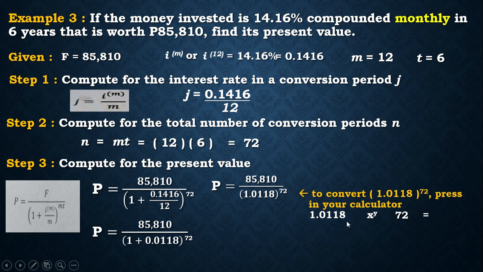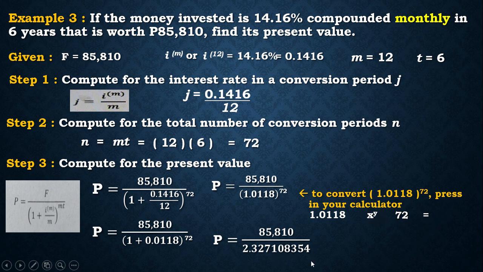Pag na-press na po natin yan sa calculator, ito po ang lalabas. 85,810 divided by 2.327108354. Again, paano nakuha ito? Ito po ang ginawa natin para ma-convert ito. Pindutin ang 1.0118, tapos ito pong symbol sa calculator, tapos 72, tapos equal sign, ito po ang lumabas sa denominator.